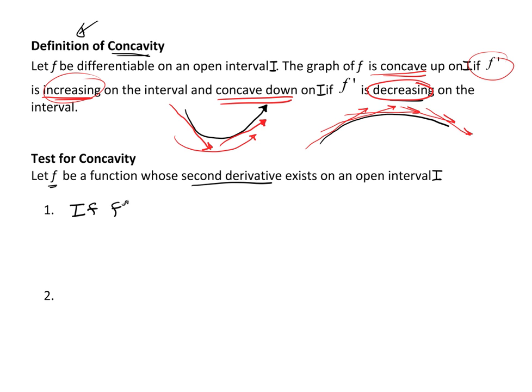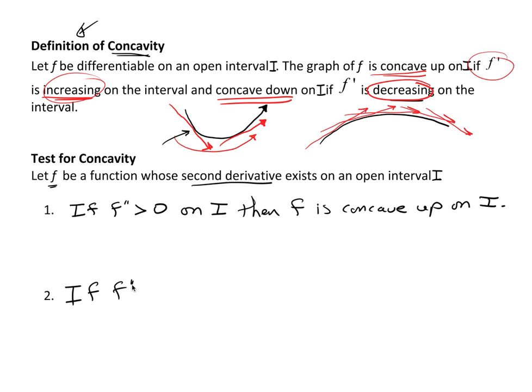So if f double prime, the second derivative, is greater than 0, so if the second derivative is positive on this interval I, then f is concave up on that interval I. So if the second derivative is positive, that means the first derivative is increasing.